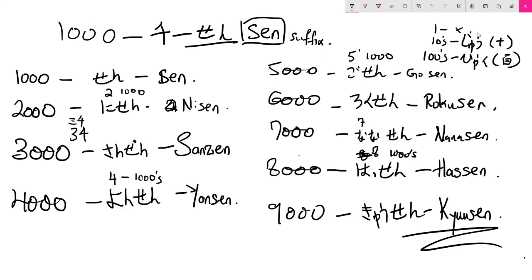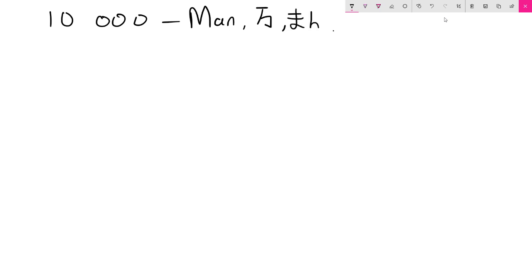So this is the 1,000 series, right? And we're going to clear all this, and we go to the last one, which is the 10,000 series, which is the man. Right? So ichiman. So this one we say ichiman.